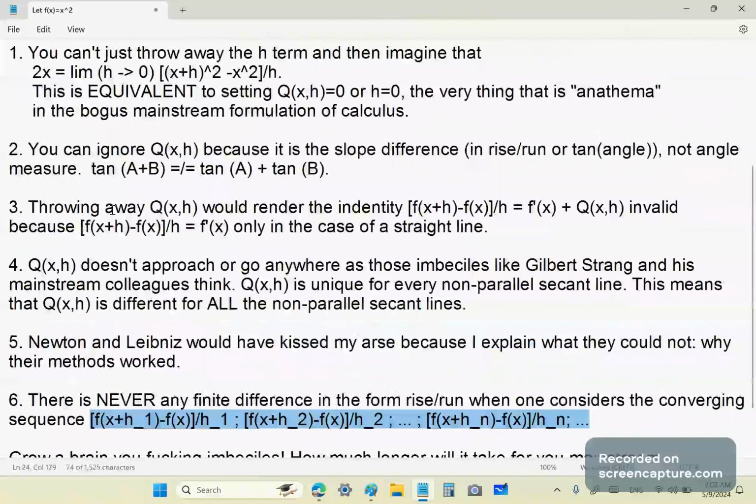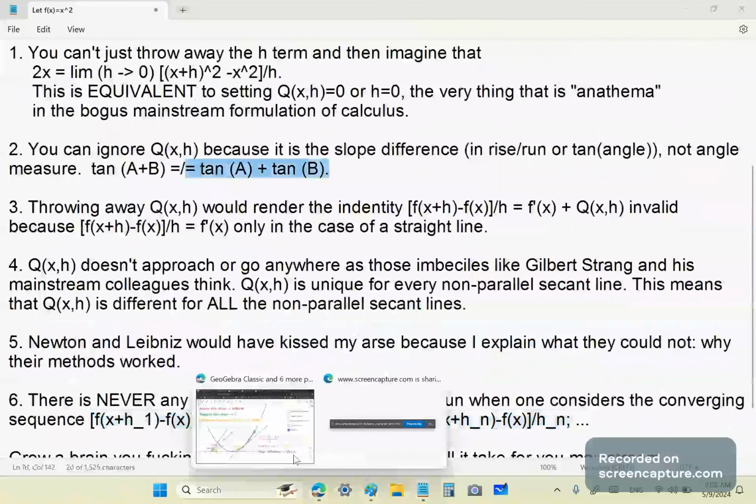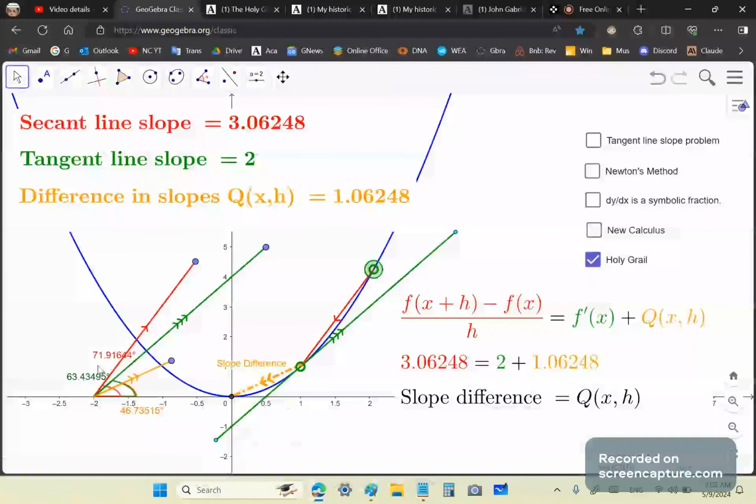And the next thing is, you can ignore the difference if all you want is a derivative. Okay, so that, and also you have to remember that tan of a plus b is not the same as tan of a plus tan of b. So if you come over here, the reason you cannot say 71 degrees is equal to 63 degrees plus 46 degrees is due to the fact that tan of a plus b is not equal to tan of a plus tan of b.